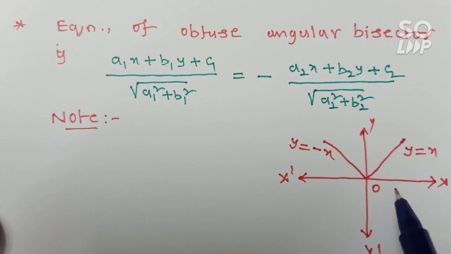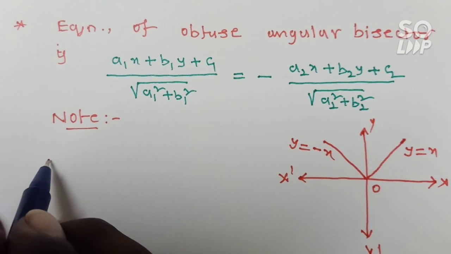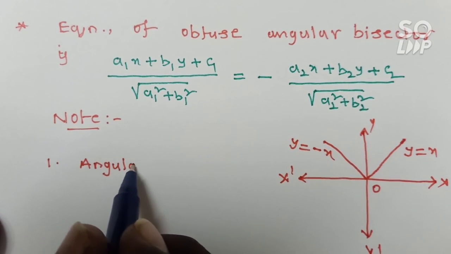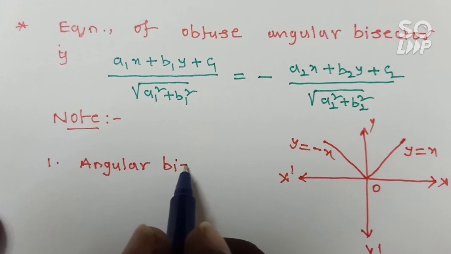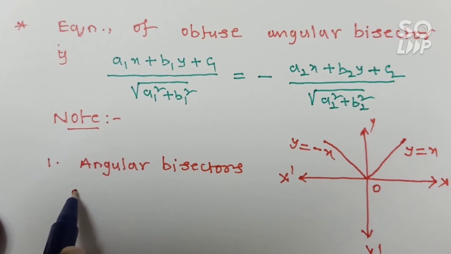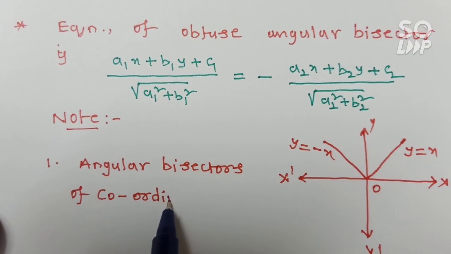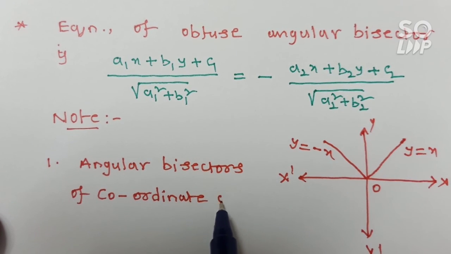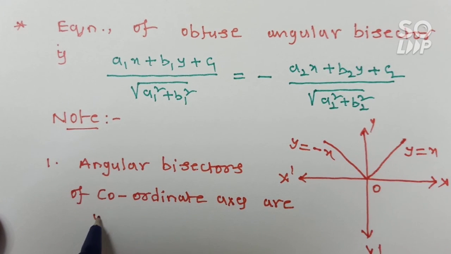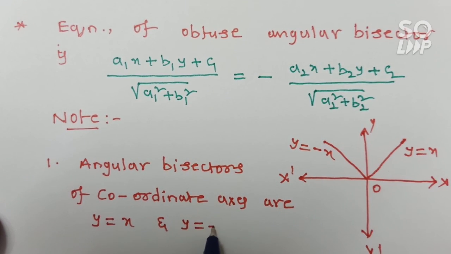So the angular bisectors of the coordinate axes are y equals plus x and y equals minus x.